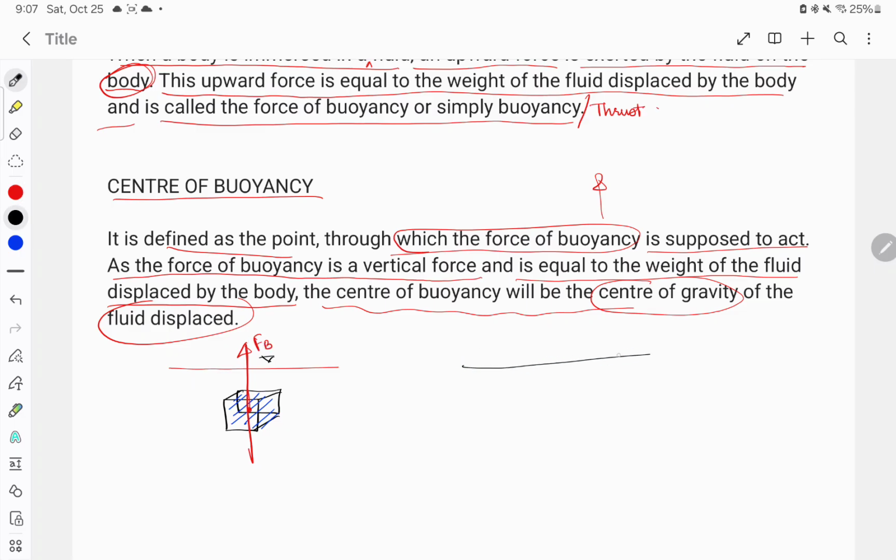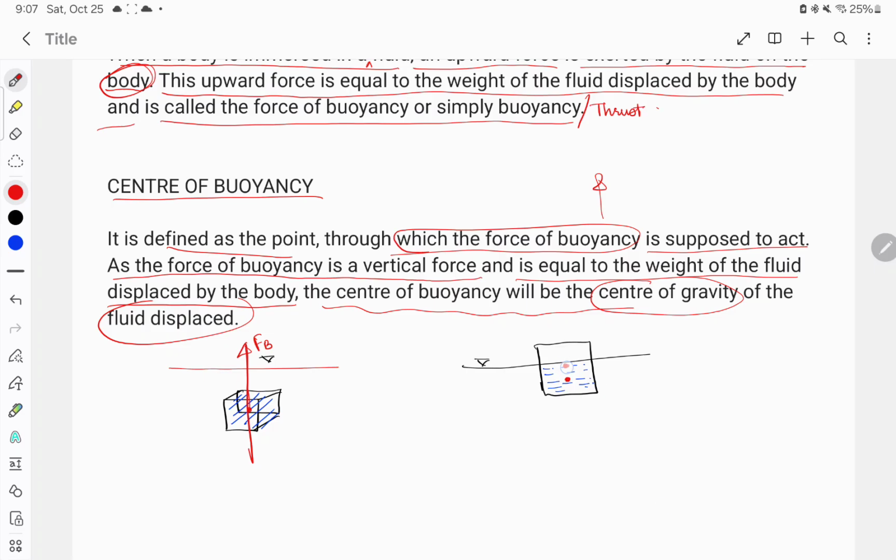However, if we take a half submerged body, say like this, then the liquid displaced by the body will be this, only this. Then the force of buoyancy will be acting not on the total center of gravity of the fluid, but on the center of gravity of the fluid displaced.